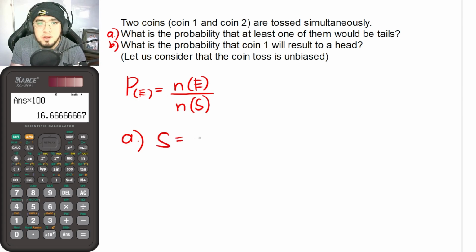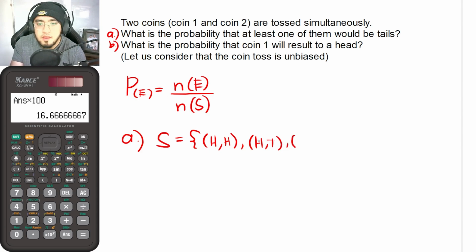So for the sample space, since we have two coins tossed simultaneously, one possible outcome is that the first coin is heads and the second coin would also be heads. Okay, so that is outcome number 1. For outcome number 2, let's say that the first coin is heads and coin number 2 is tails.